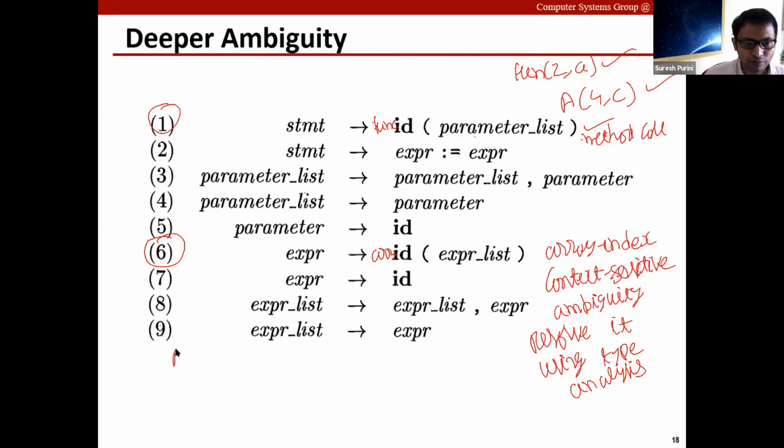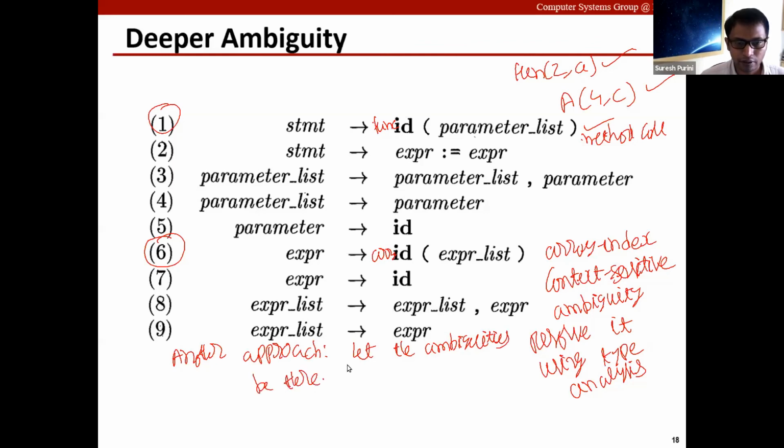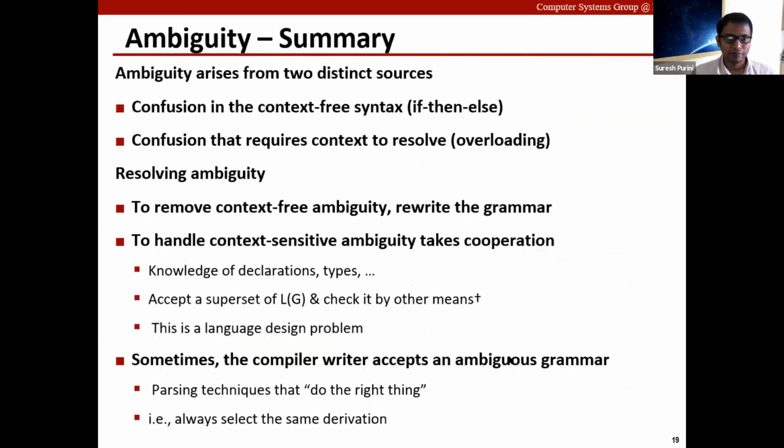So another approach: let the ambiguities be there, and resolve them in the semantic analysis phase, when more type information is available. This is another approach. Okay.